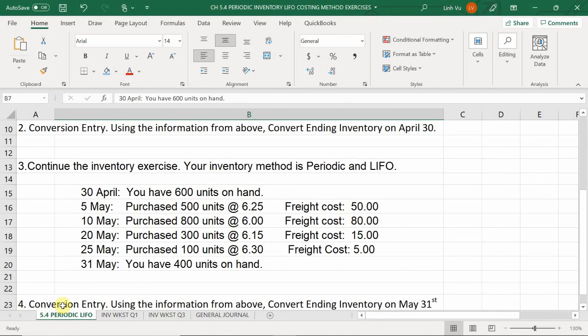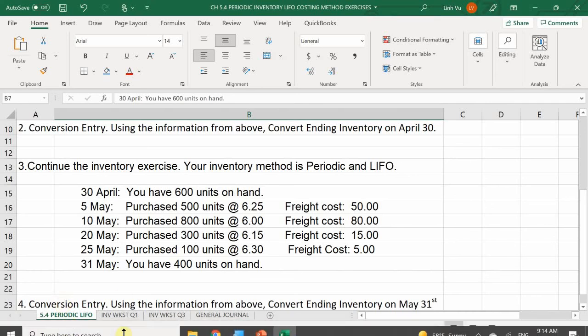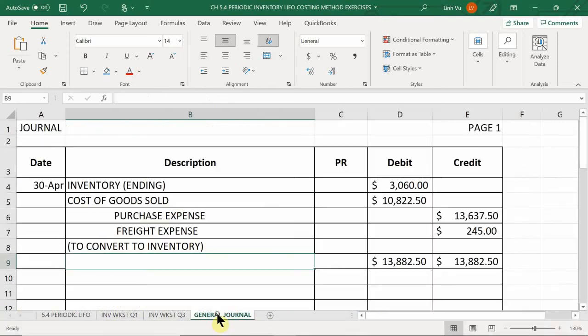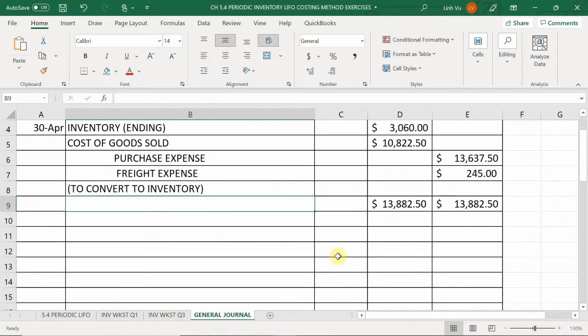May 5th rolls around. We end up purchasing an additional 500 units at $6.25 each, with the freight costing $50. So let's practice journalizing this transaction. It is May 5th. How do I recognize this purchase of inventory?